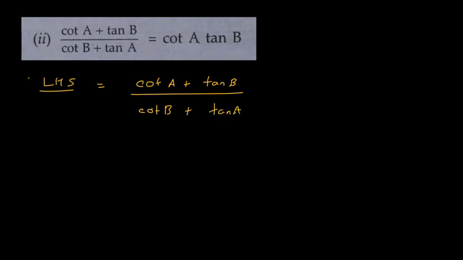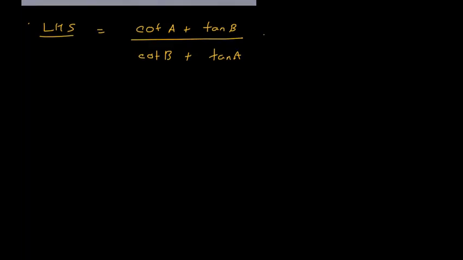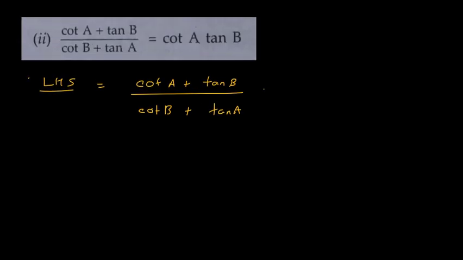Okay, next question. Actually in 19th this is also one question. So your LHS is equals to cot A plus tan B upon cot B plus tan A. Now we have to prove that this is equals to cot A into tan B. So what we do here, I think it is best we convert everything in sine and cos.